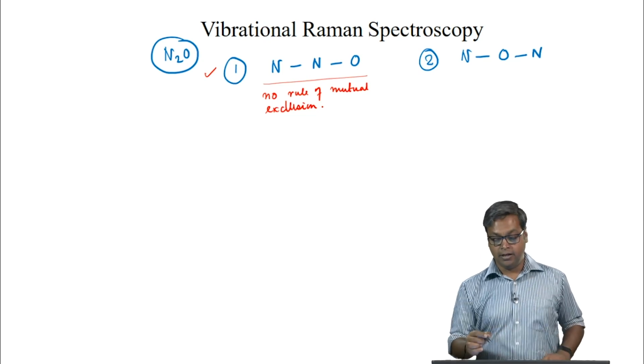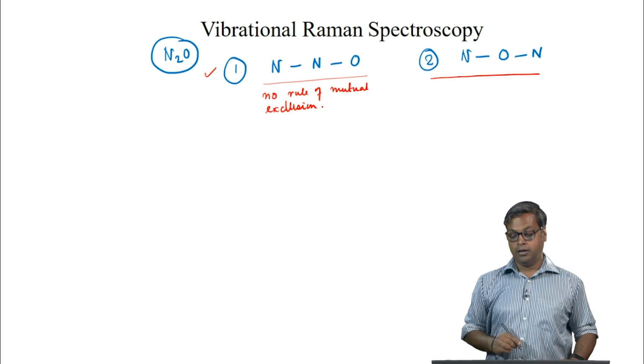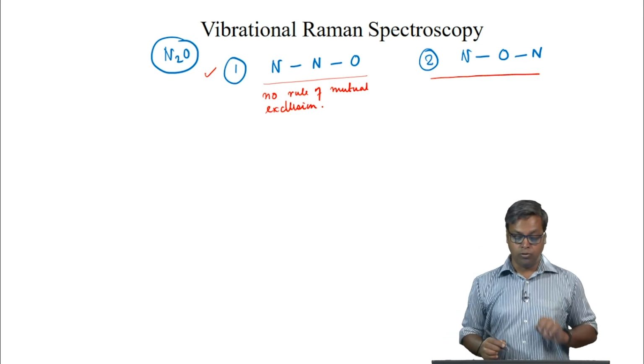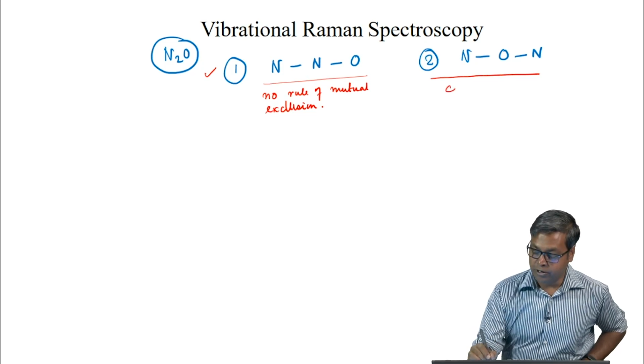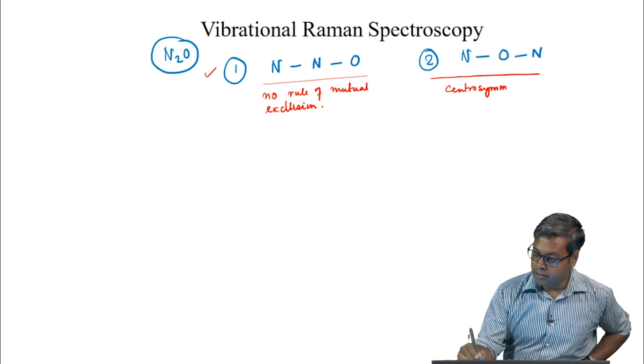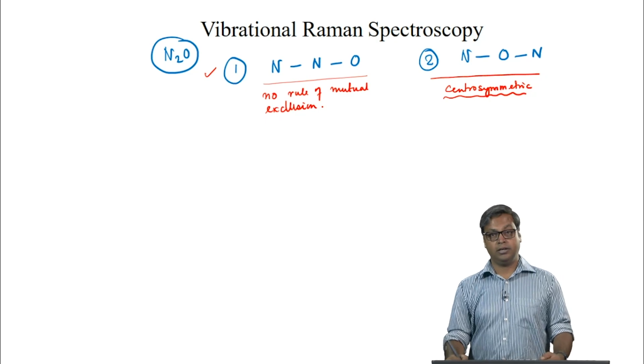On the other hand, if the actual structure is NON, then it is a linear molecule, but it is also a centrosymmetric molecule. So, we can think of this molecule as something similar to CO2, or carbon dioxide.